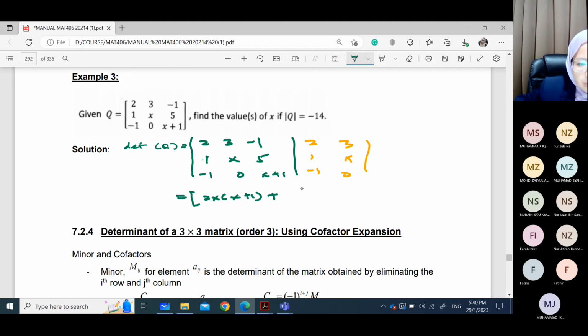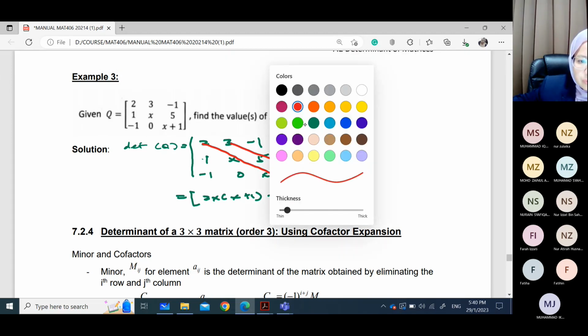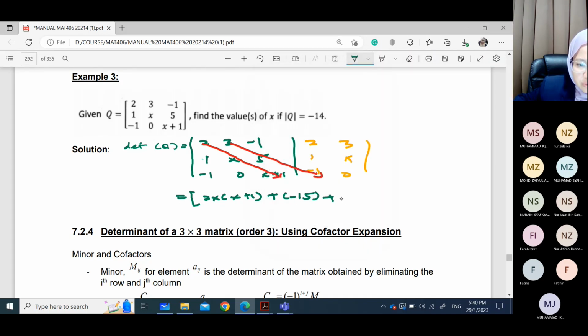Okay, and then plus with this one, 3 times 5, 15. 15 times negative 1, negative 15. Okay, and then plus 1 times 1 times 0. So this one we have 0. So minus with second part.